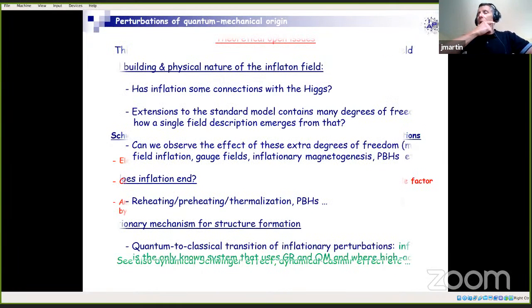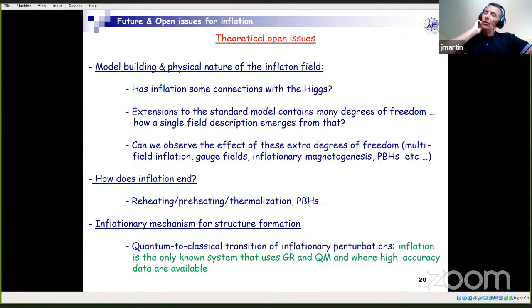So given this, now let's try to discuss what the theoretical open issues are. Here it's a bit subjective. This is what I see as important questions to be addressed, and I see three different questions that should be addressed in order to improve our knowledge of inflation.